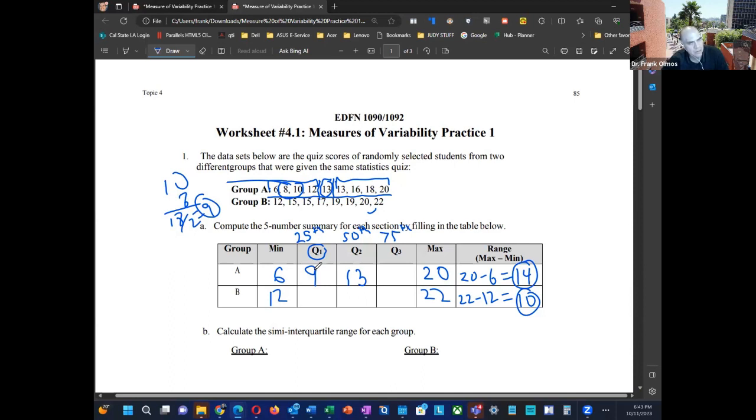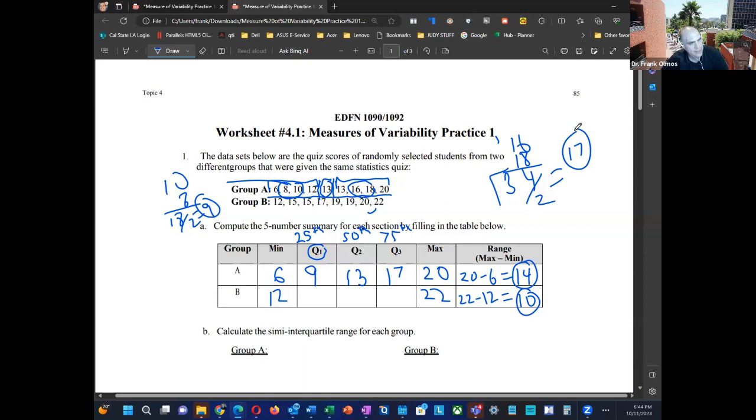Since it's even, you get the middle 2, add them together, 16 plus 14 is 30, divided by 2, 17? Okay, so you got 17. I got those numbers.